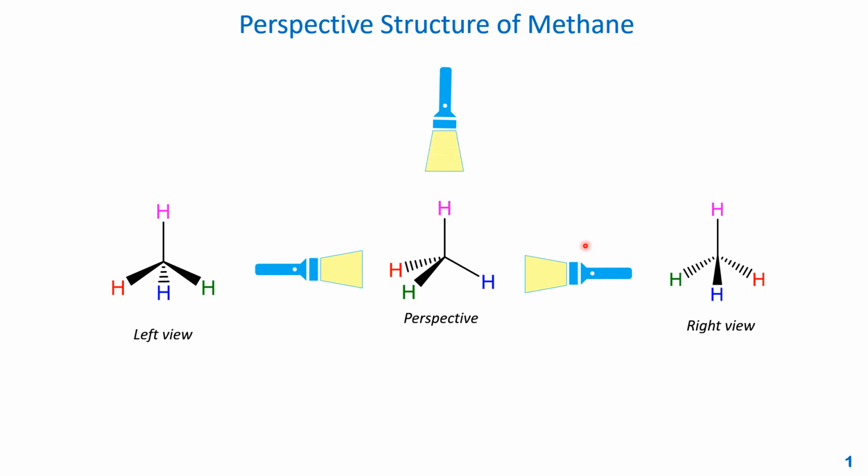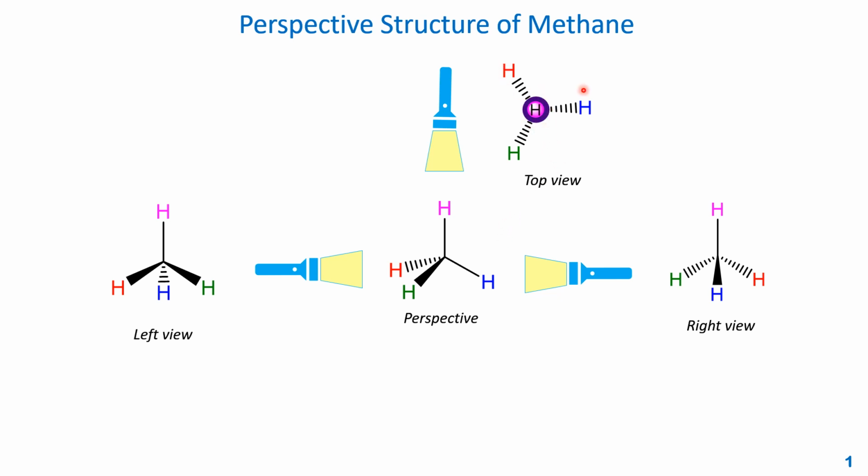If you look from the top, then this hydrogen will be closest to you. I use a small pink ball to show this hydrogen, and the dark purple ball shows carbon here. Since carbon is bigger than hydrogen, you should be able to see the carbon.